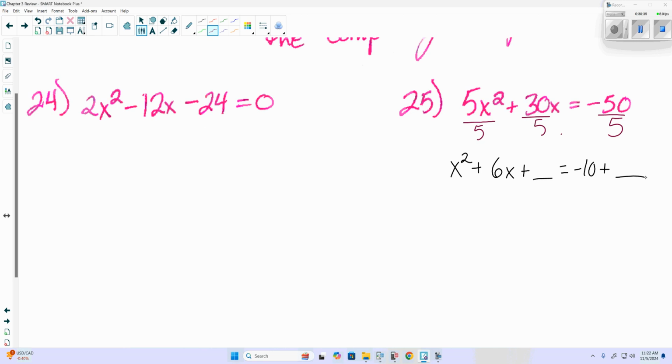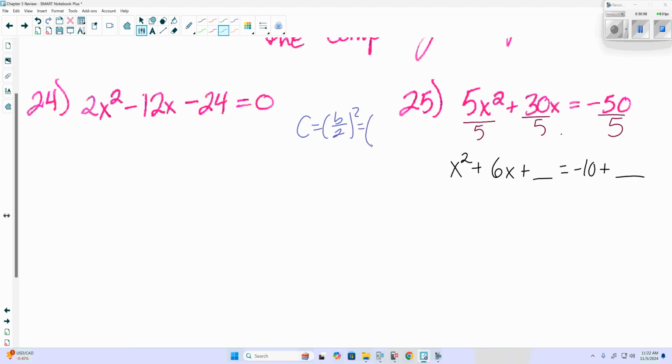A was not 1, so we had to divide everything by 5. Step 2 is to get the constant term by itself. Well, it is. And leave 2 spaces, because we're going to find this value of c, which is b over 2 squared, and plug it in.